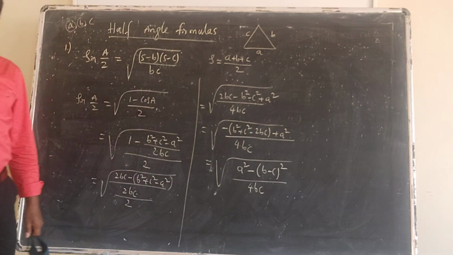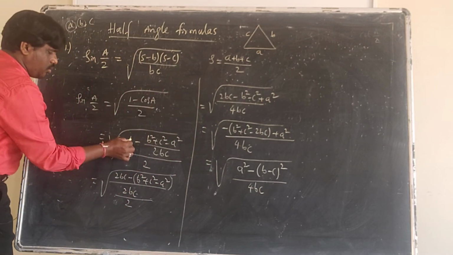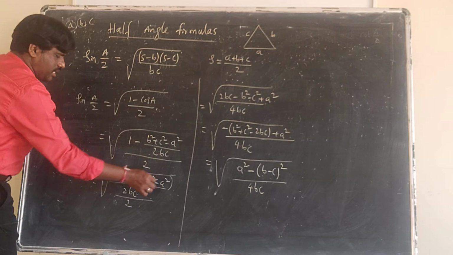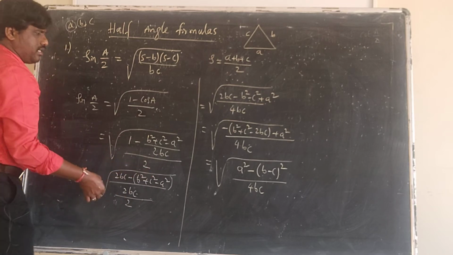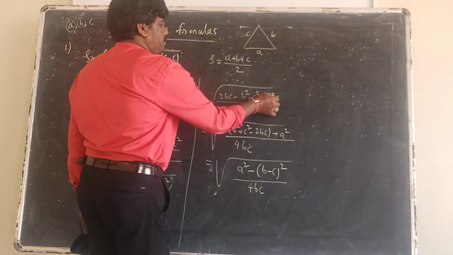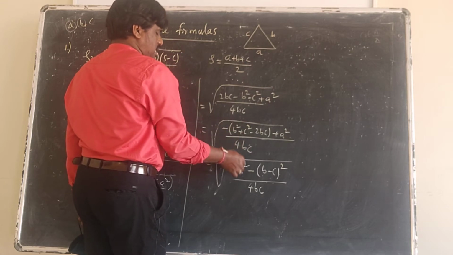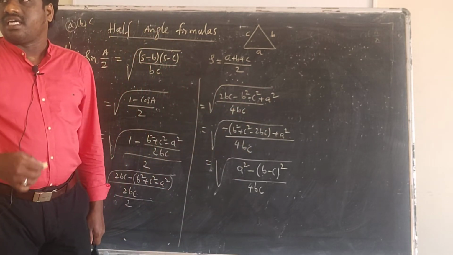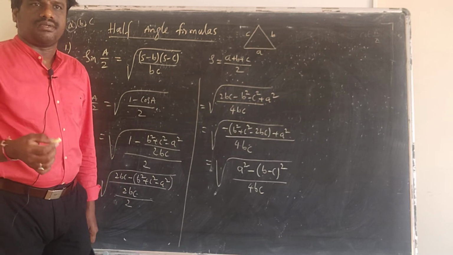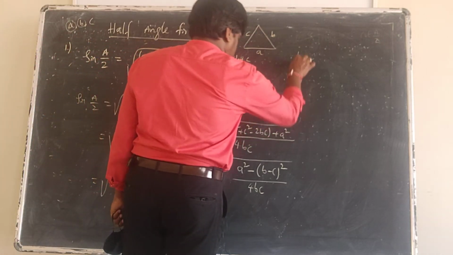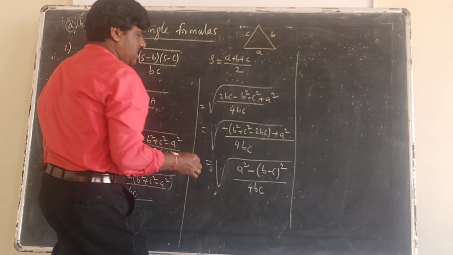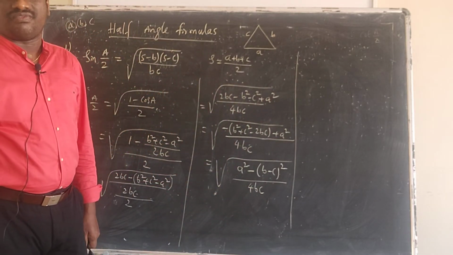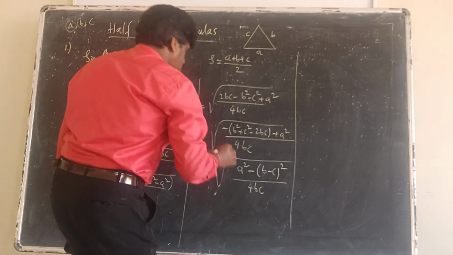Did you understand what I said? See here, I do the LCM, then the minus of the bracket is there, I open the bracket, and I write the positive term first, A square, and next I write minus, and this is the B minus C whole square formula. A square minus B square formula is A plus B into A minus B. I am deriving the formula; you should remember the formula, but I am deriving this. So what do you get here?